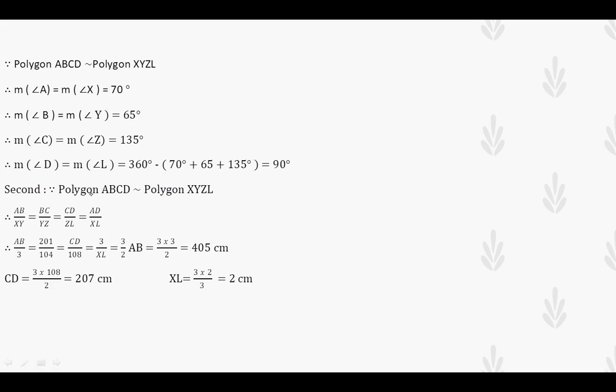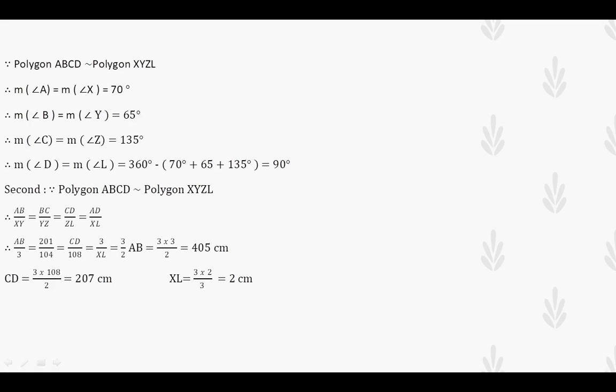Second, since polygon ABCD is similar to polygon XYZL, AB over XY equals BC over YZ equals CD over ZL equals AD over XL. We write the lengths of each side.